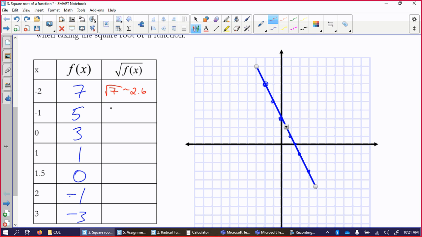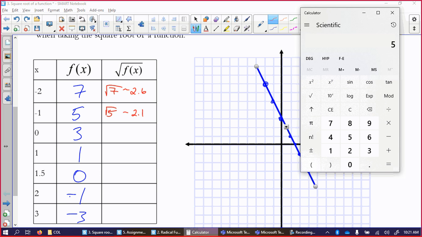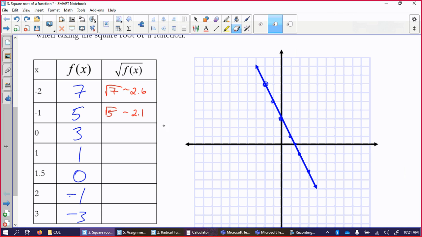Makes sense. It's a positive number. The square root of 5, 2.1, give or take. We're not really going, oh, wow, I was off. 2.2. The square root of 3 is approximately 1.7.